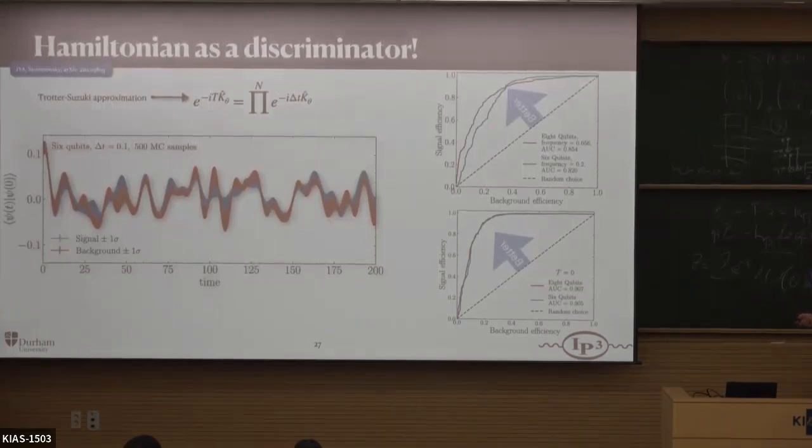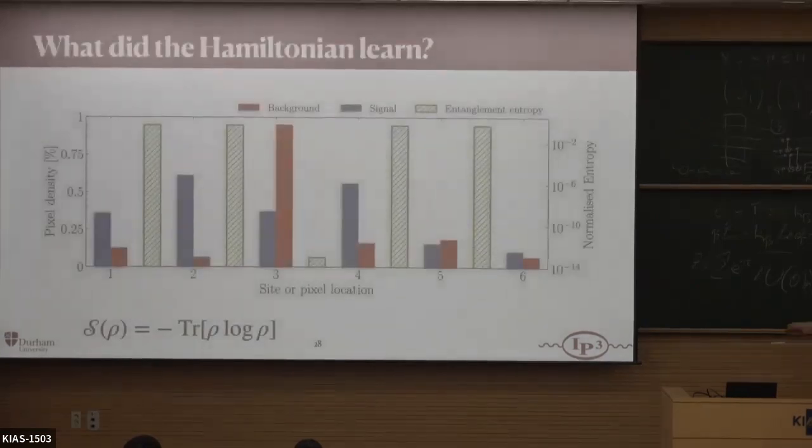So for the 6 qubit scenario, I did the direct diagonalization to see if I'm actually getting any entropy distribution from this Hamiltonian. What I found is that whenever I have a peak in my background probability pixel density, I get low entropy from my Hamiltonian. So it actually learns the probability distribution of my data.